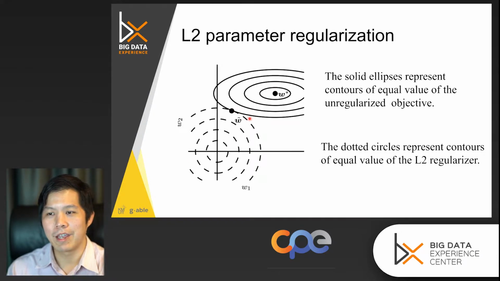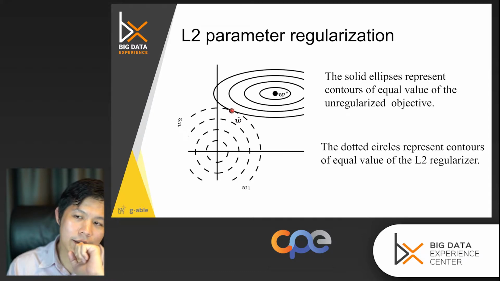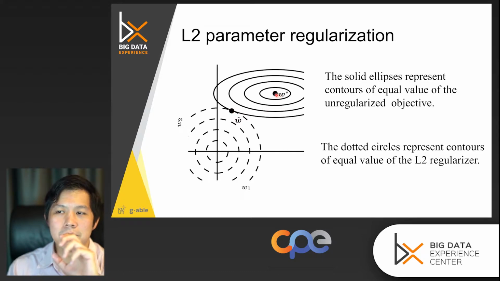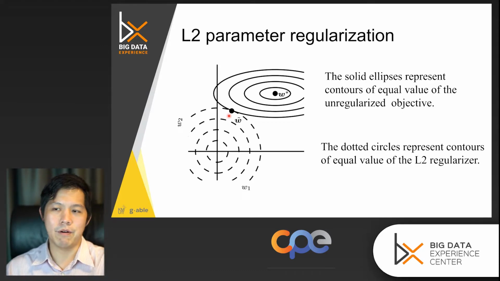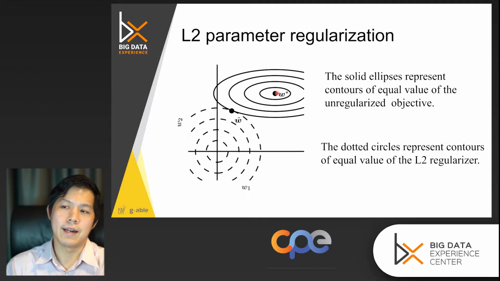Okay, and you can see that the touch point between the two parts here would be some point that is not on the axis. There will be some point, because this is a circle, and this one is somewhat circular as well.